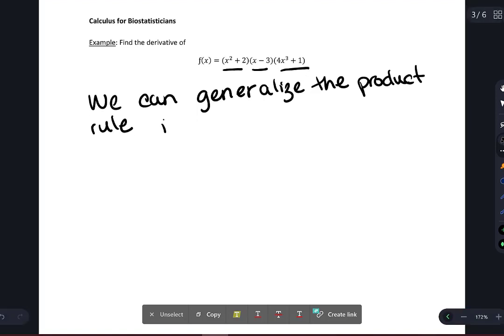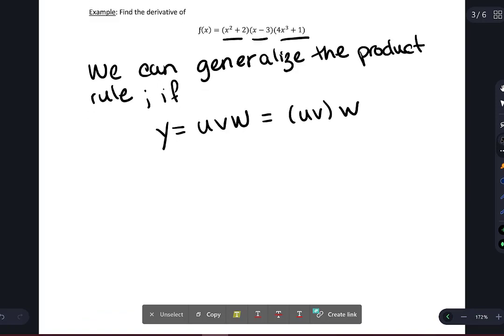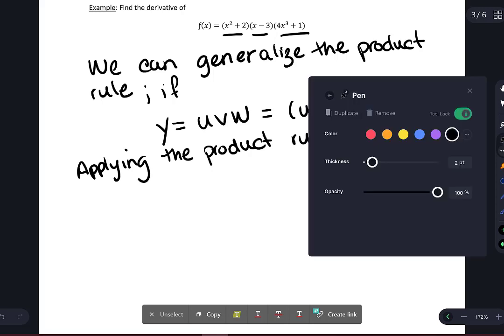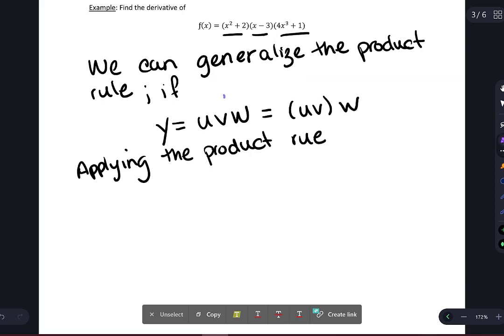So notice if y is equal to the product of three functions, all of which are differentiable, that we could use parentheses and rewrite this as u times v times w. Well, applying the product rule, and I'm just going to make a note here, just so we don't forget.